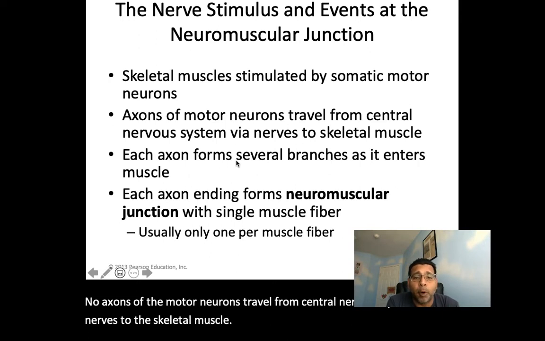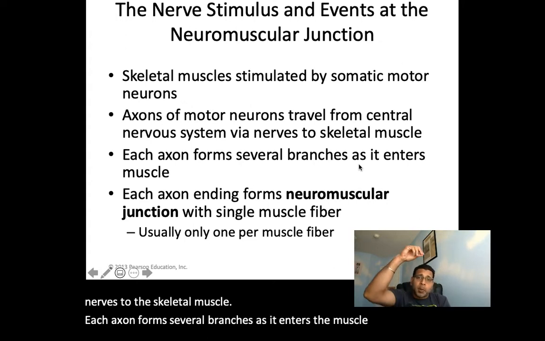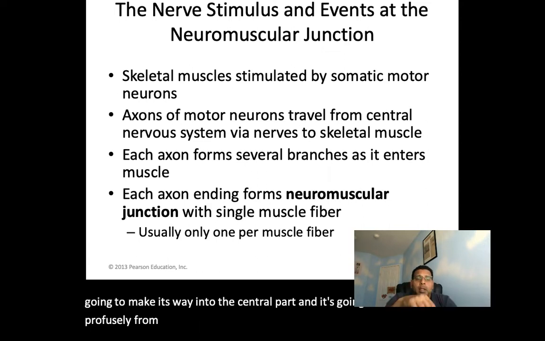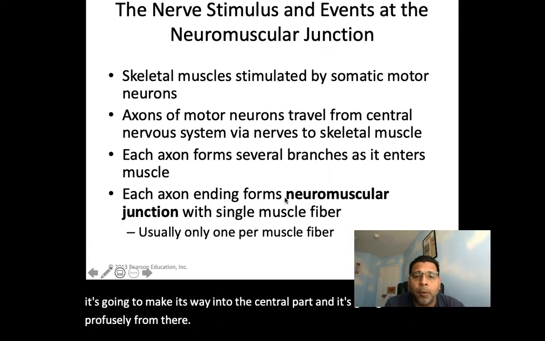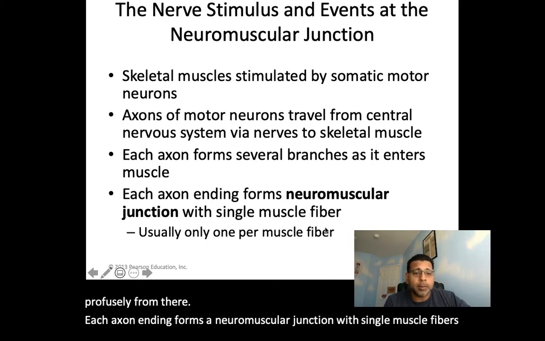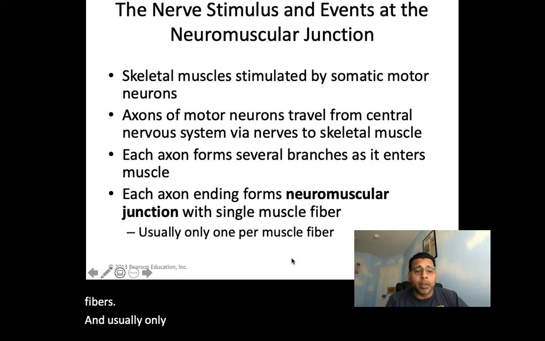Each axon forms several branches as it enters the muscle. We said it's going to branch profusely. Each axon ending forms a neuromuscular junction with a single muscle fiber, and usually only one per muscle fiber.